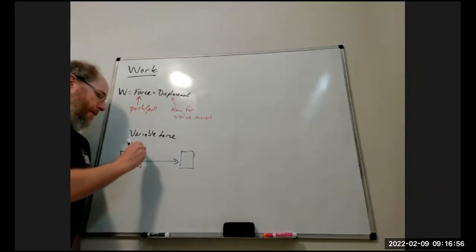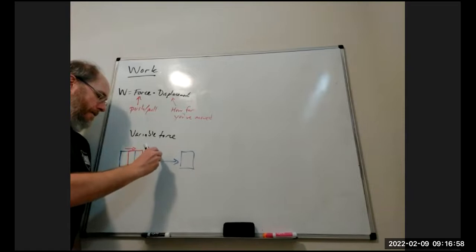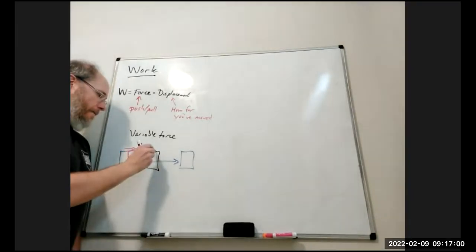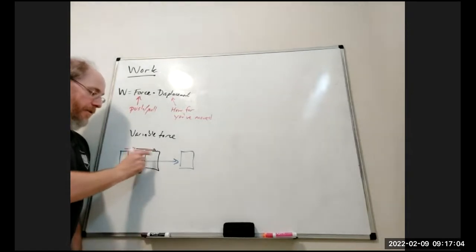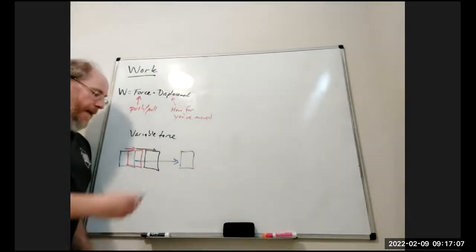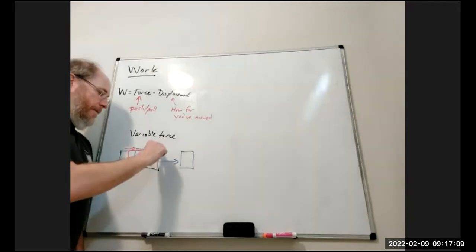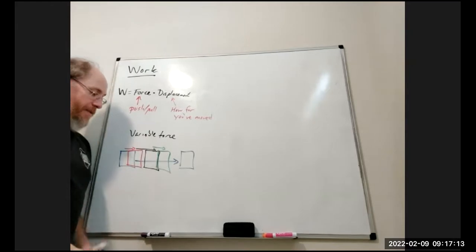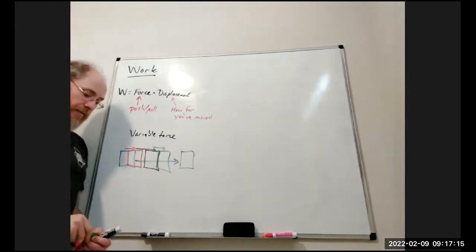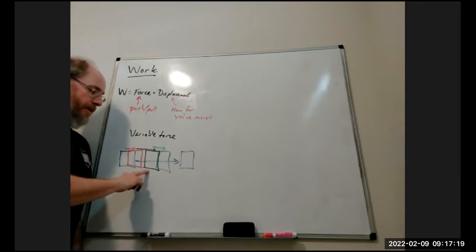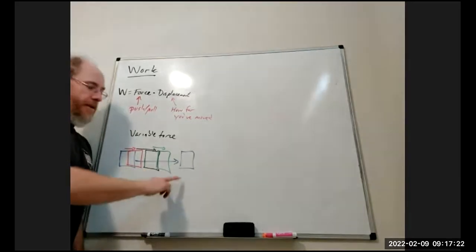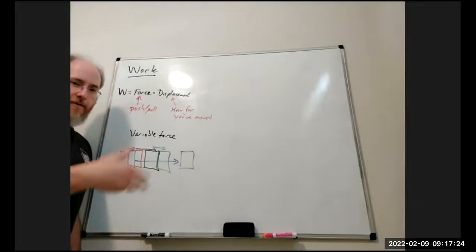So maybe it's going to go to here. And I could go, well, let's calculate the work there. I've got a force over a distance. And every time, I just keep breaking it into chunks. And what I could do is calculate the work on that first step and add it to the work on the second step and add it to the work on the third step and add it to the work on the fourth step and so on and so forth.